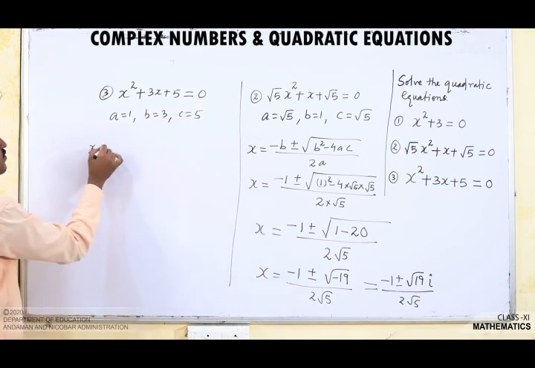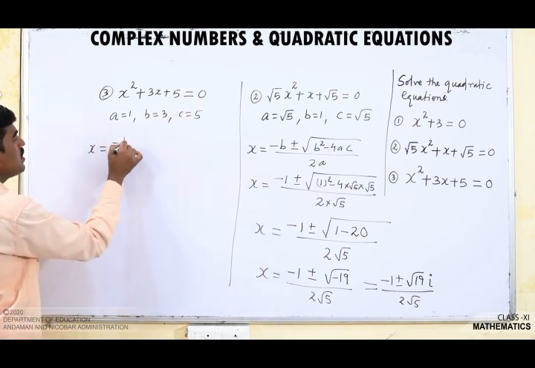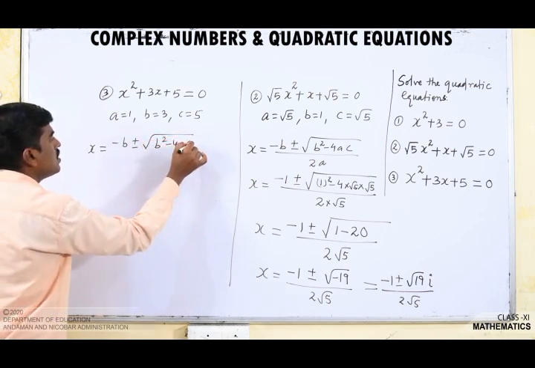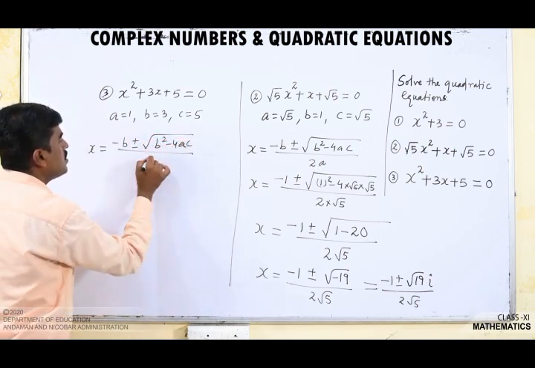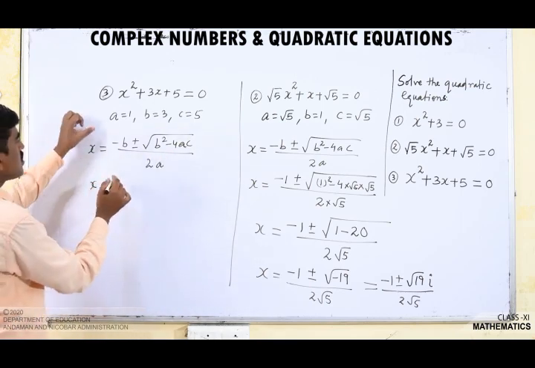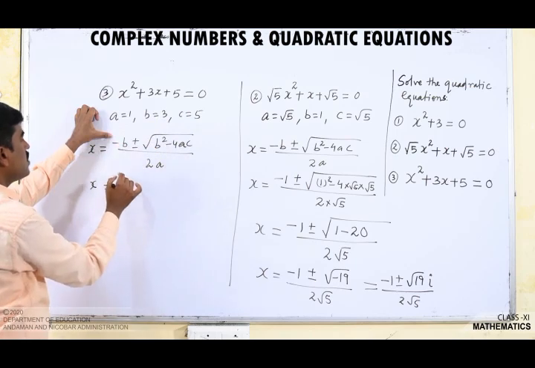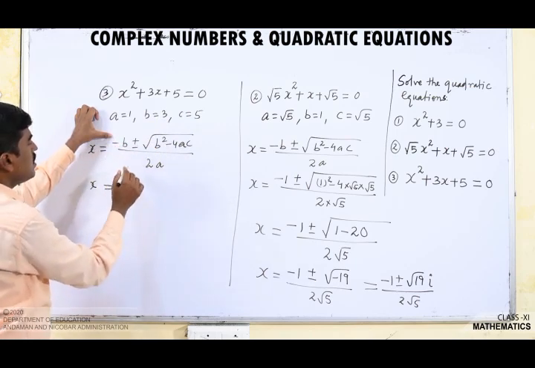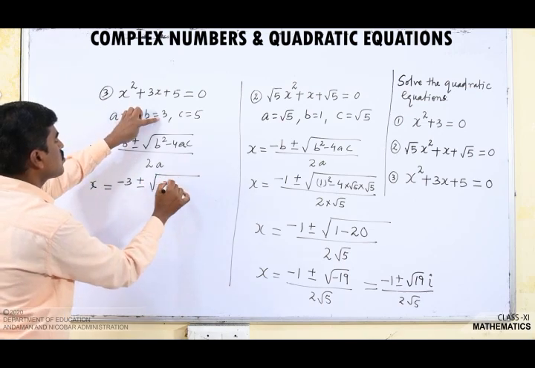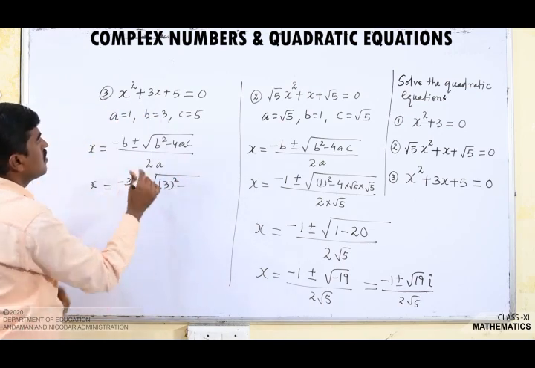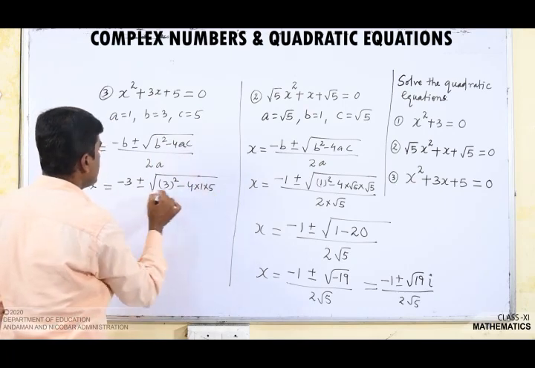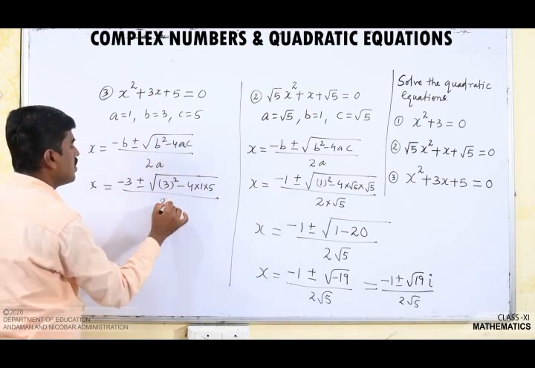Now what is the quadratic formula? x equals minus b plus or minus root over b square minus 4ac divided by 2a. Now you put the values, so x equals minus 3 plus or minus root over 3 square minus 4 into 1 into 5, divided by 2 into 1.